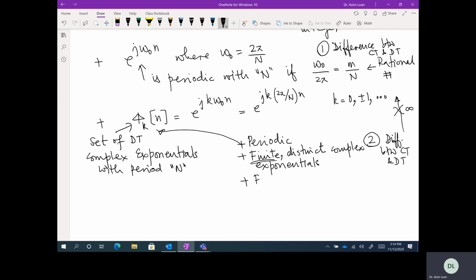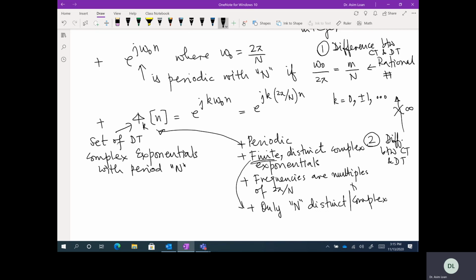So these are finite distinct complex exponentials. The fundamental frequencies are multiples of 2 pi over N. It was 2 pi over T, and there are only N. So since this is finite, there are only N distinct discrete time complex exponentials.